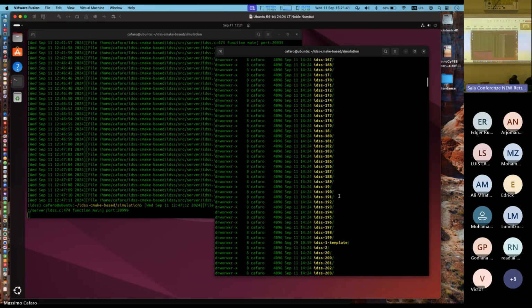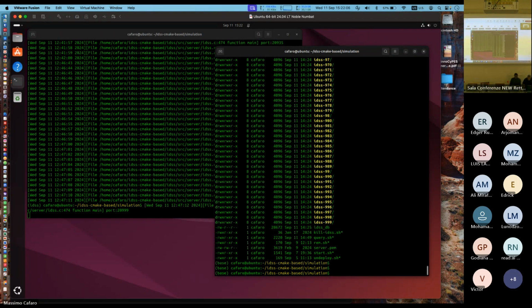You see IDSS followed by a number. We have 1,000 of them. And more or less, we have about 10 records on each different server, so just slightly less than 10,000 records distributed over 1,000 servers.